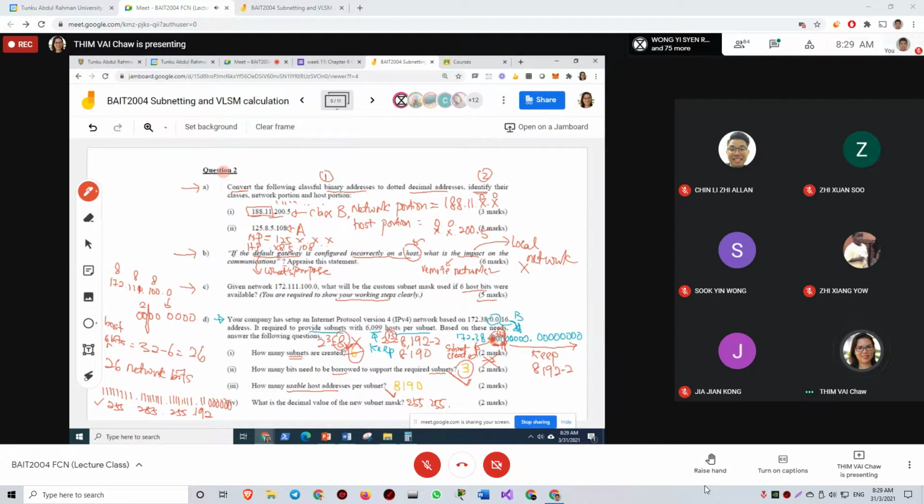These 3 bits have become a network portion already, so I'm going to use 128 plus 64 plus 32, which is equivalent to 224.0, because behind all these bits are host portion. So under the subnet mask here, I should give 0. Now I'm moving on.